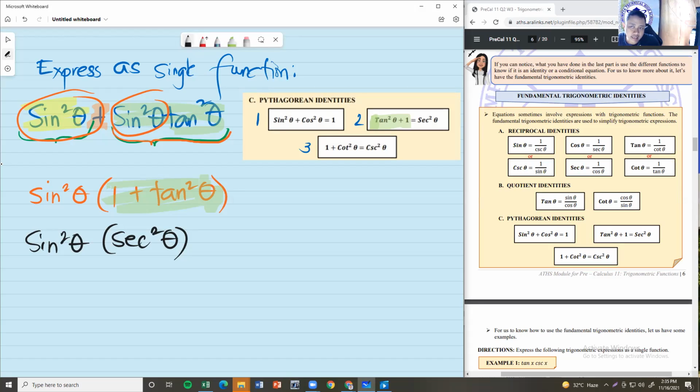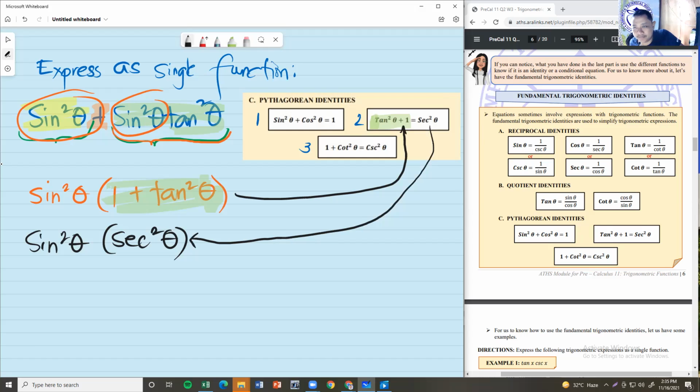Secant squared theta, where does the secant squared come from? Here. So, this is just the same as this. Therefore, we can change 1 plus tangent squared theta, or tangent squared theta plus 1, with secant squared theta. That's where it came from. Can you follow?